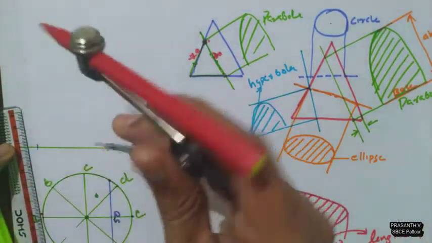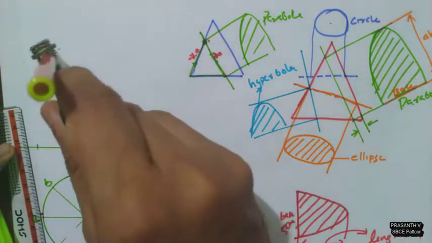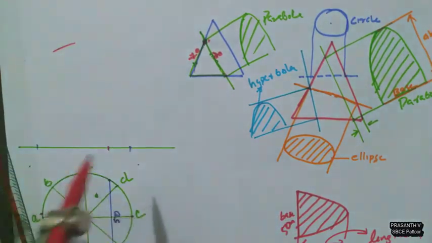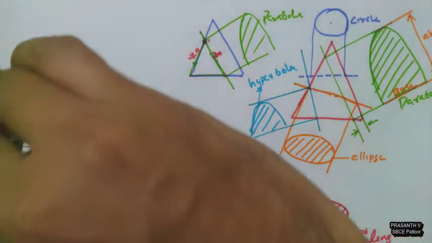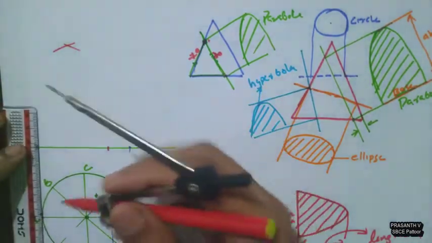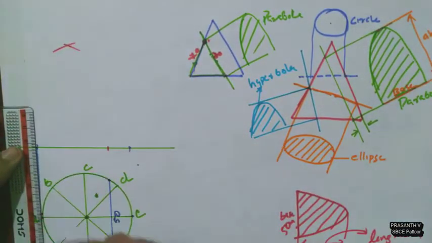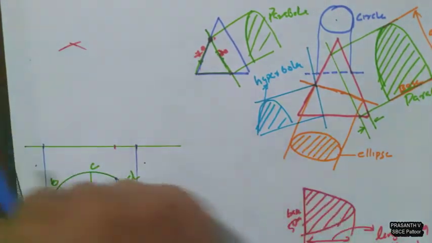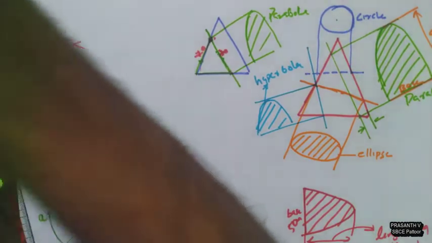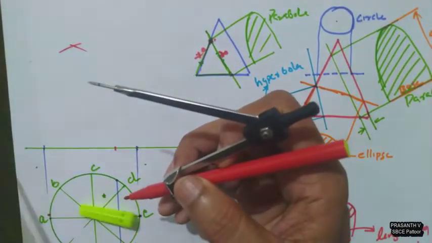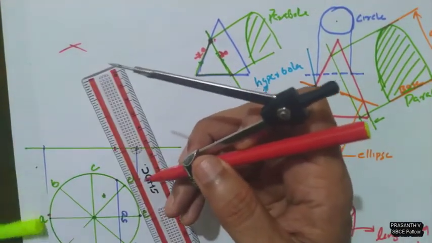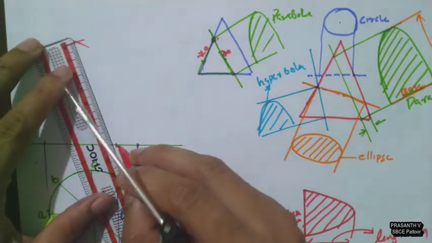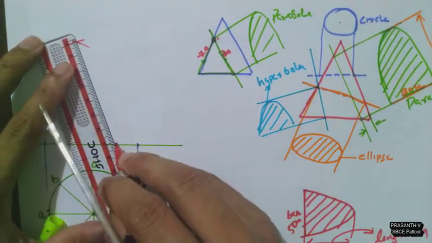Mark from both sides. So this is the end point of the circle. These are also the end points of the circle. Now I can draw this as a section plane.